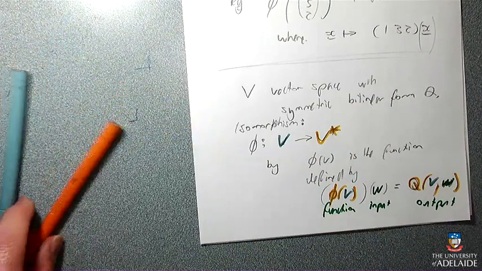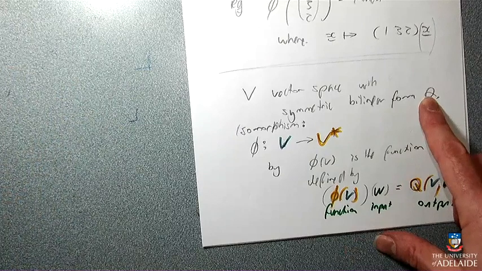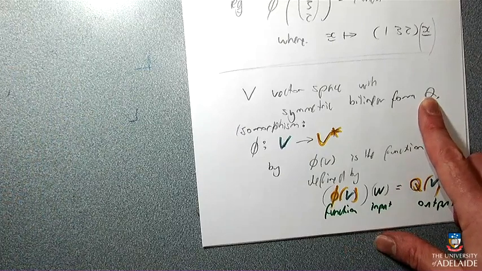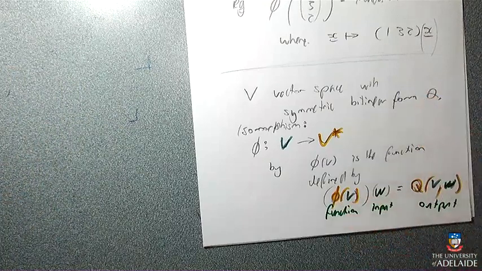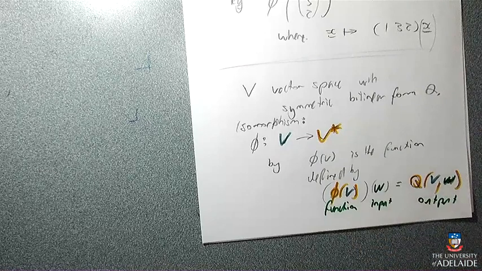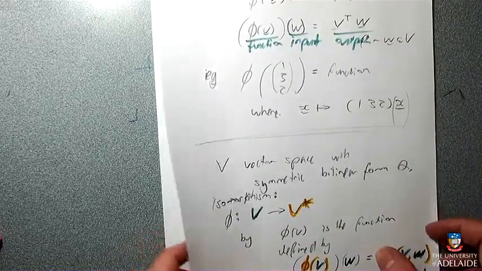I could be wrong about that, though. I don't think it would be an isomorphism unless this Q was non-degenerate. Because if Q was degenerate, then you would have several W's that would all produce the answer 0, and it wouldn't be a one-to-one function anymore, and weird things would happen.